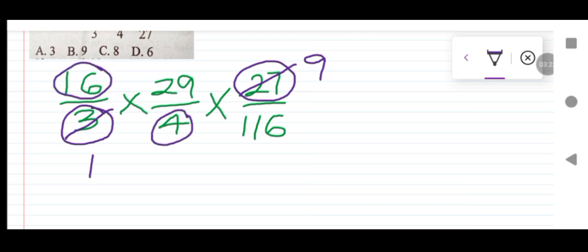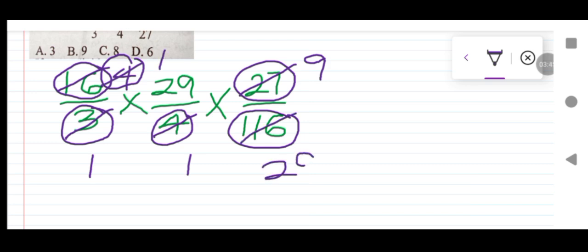They can divide: 4 gives 1, and 16 gives 4. Let's check another. 4 and 116: 4 can divide, so 4 gives 1, and 116 gives 29. We have 29 again and 29 over here, so 29 gives 1 and 29 gives 1.